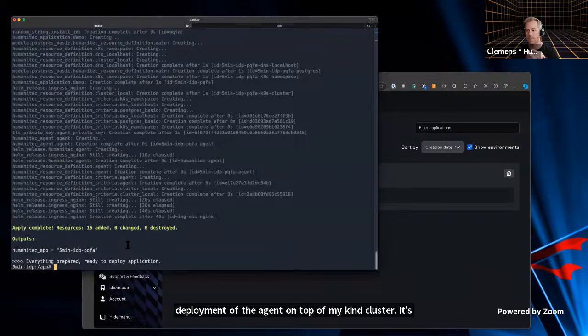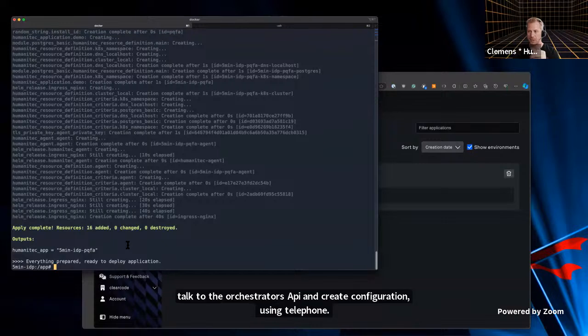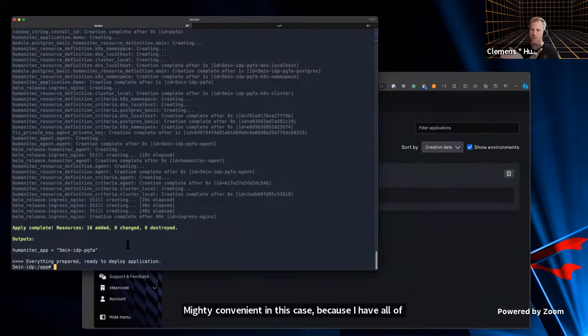We have a Terraform provider, which allows me to simply talk to the orchestrator's API and create configuration using Terraform. Mighty convenient in this case because I have all of the rest of the infrastructure now in the state file and all of the variables as well, which allows me to quickly reuse that information to configure the orchestrator correctly.